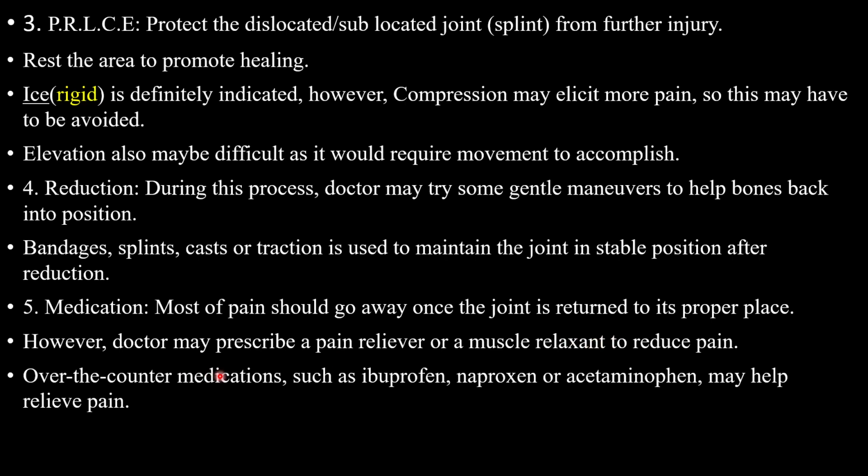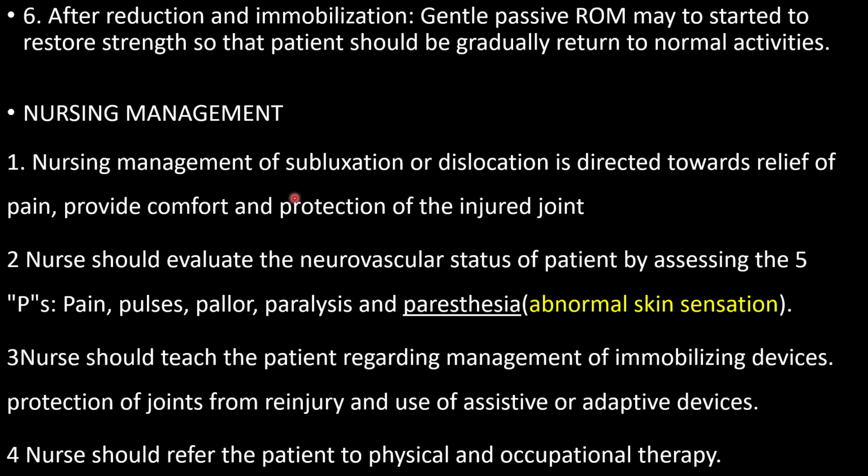However, a doctor may prescribe a pain reliever or muscle relaxant to reduce the pain, and over-the-counter medications such as ibuprofen, naproxen, and acetaminophen may help to relieve the pain. The next, after reduction or immobilization, a gentle passive range of motion may be started to restore strength, and patients should gradually return to normal activities.